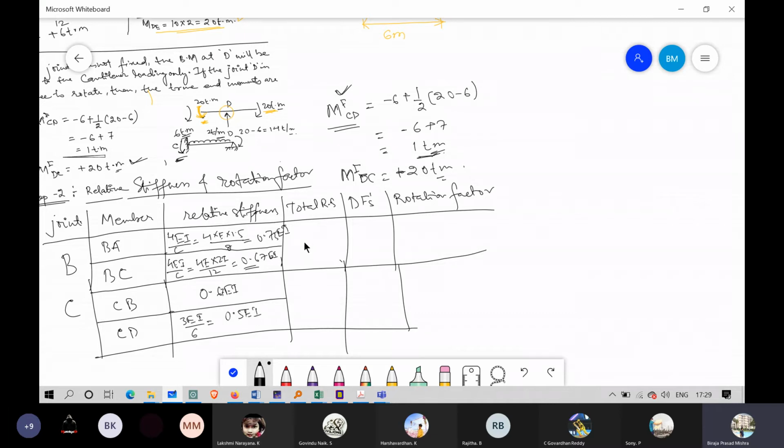Okay, so the total is 1.42 EI for joint B, and for joint C it is 1.17 EI.